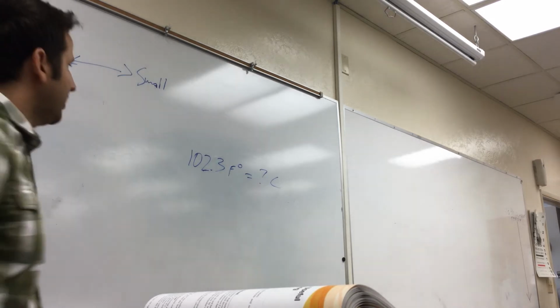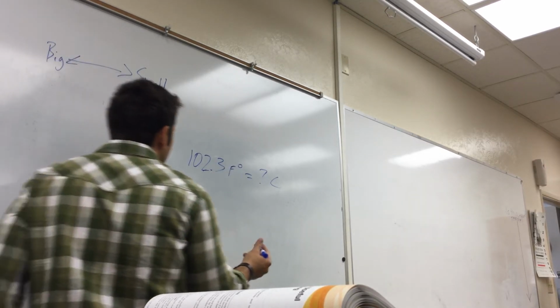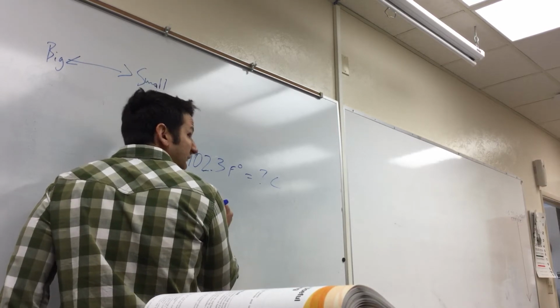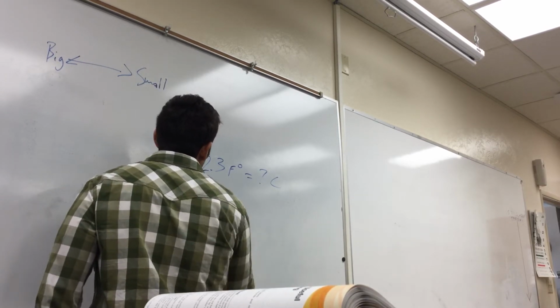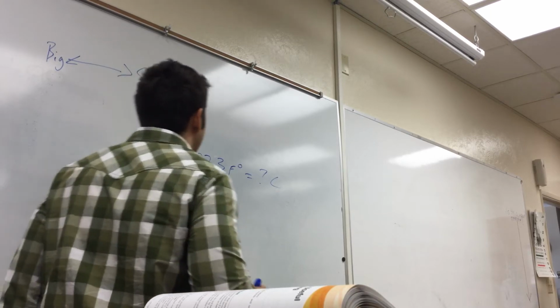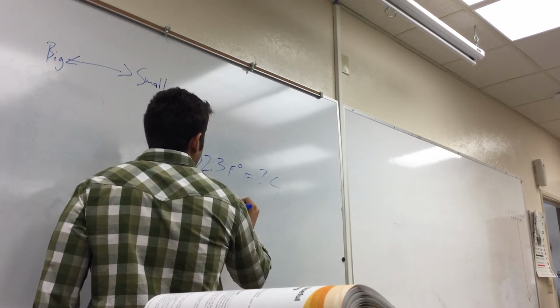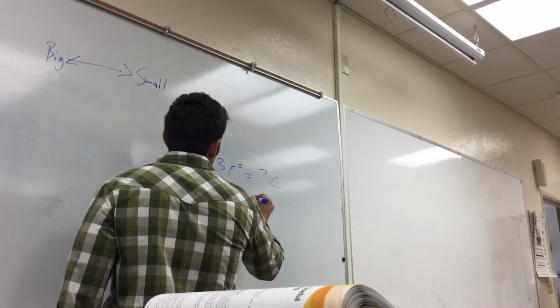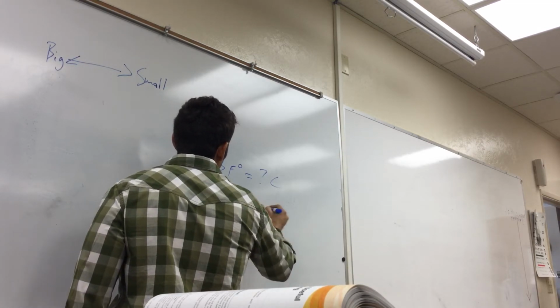Subtract 32 and divide by 1.8. Let's use the formula. Which one do I want, the one that has the F in the front or the one with the C in the front? C. Okay, what's my formula? Fahrenheit temperature 102.3, minus 32, divided by 1.8.